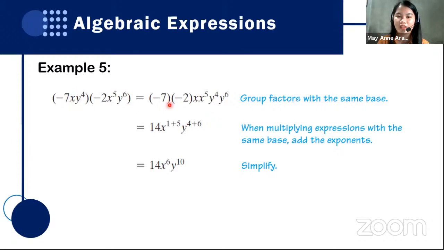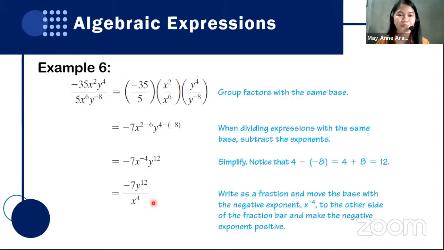Then just perform the needed operations. We have multiplication here. Negative 7 times negative 2 is 14. Don't forget to add the exponents. You have 1, and when nothing is written, it's 1. So 1 plus 5 is 6. And for y, we have 4 plus 6, that is 10. So the final answer here is 14 times x raised to 6 times y raised to 10.